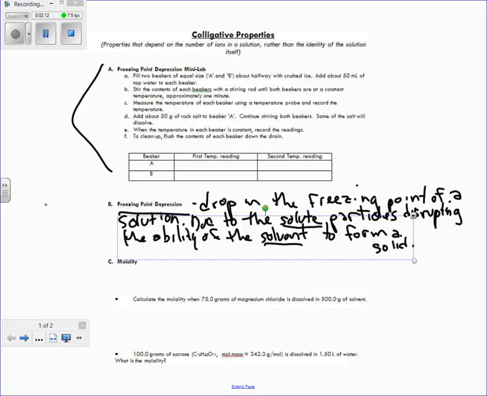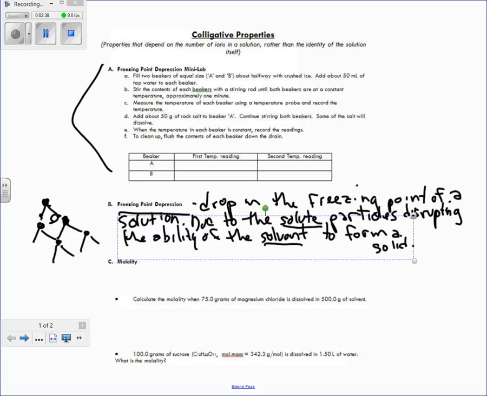Here's how this works. Water has a little bent structure. It looks kind of like a letter V. In order for water to freeze, the water molecules have to line themselves up in a very beautiful, very deliberate crystal-like structure. Now the problem is, if you mix something in with that water, it's going to disrupt the ability of this pretty structure to happen.